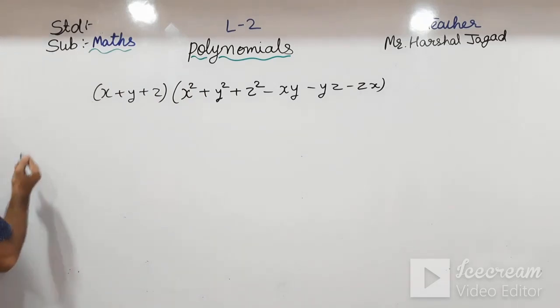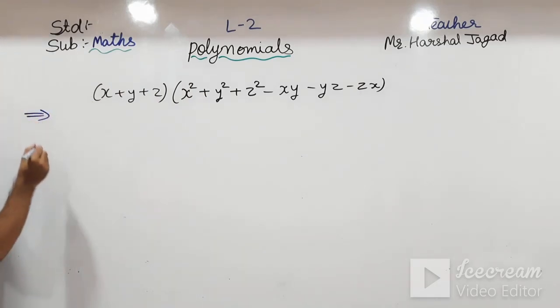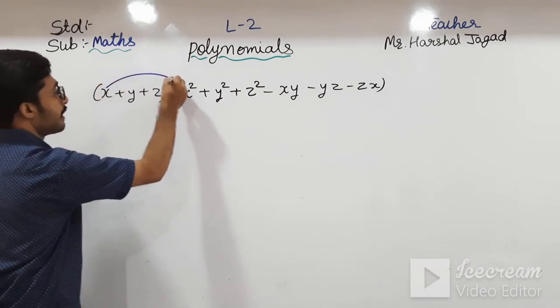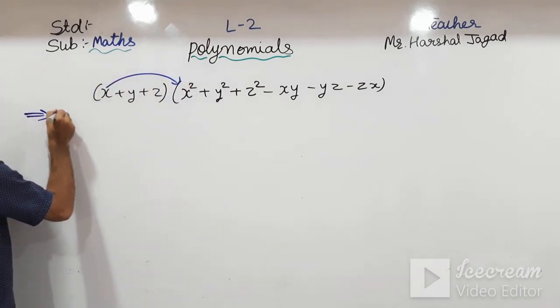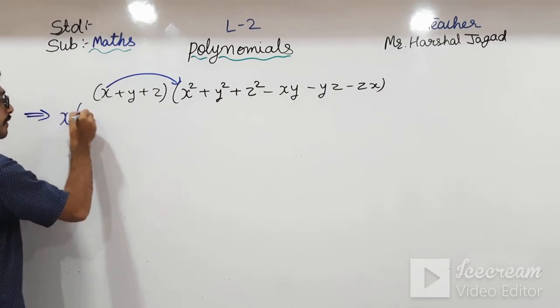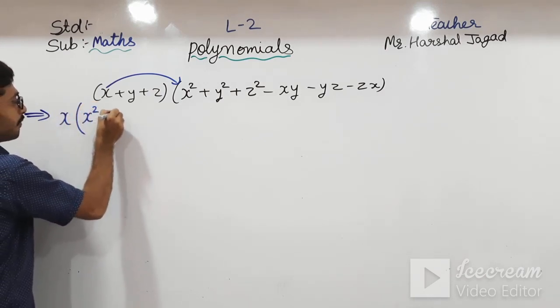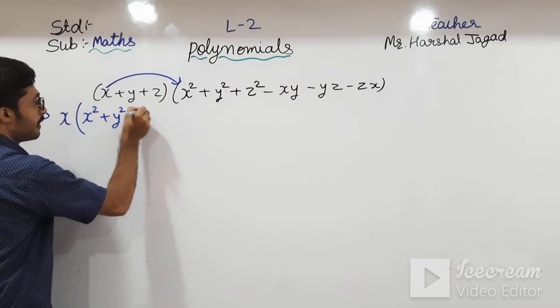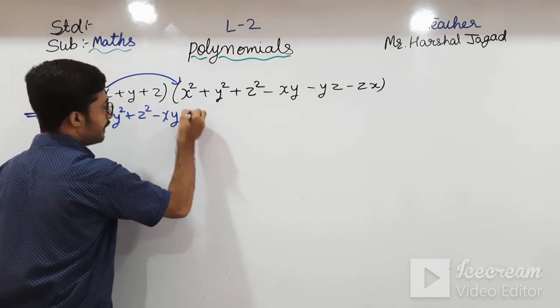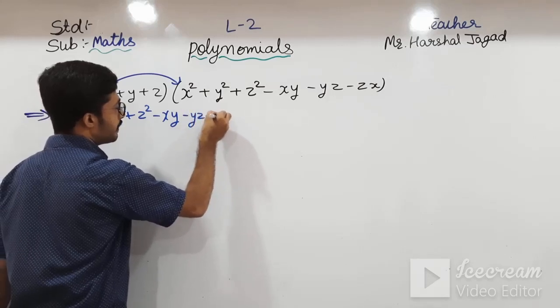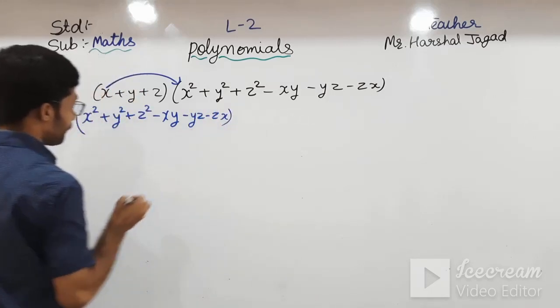So how we will multiply this? First of all, we will multiply with x the whole bracket: x(x square plus y square plus z square minus xy minus yz minus zx).